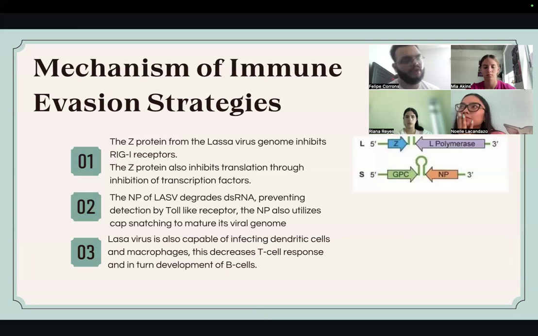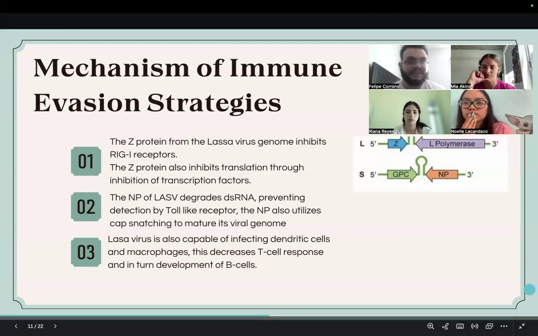We have RIG-I as well as toll-like receptor 3. However, NP is able to help in degrading the double-stranded RNA produced by the viral genome, decreasing the ability of the immune system within our cells to detect the presence of the viral genome, leading to a less substantial immune response.